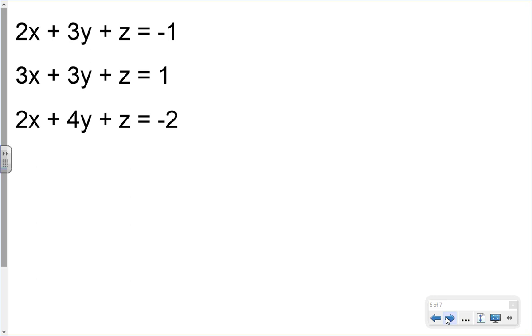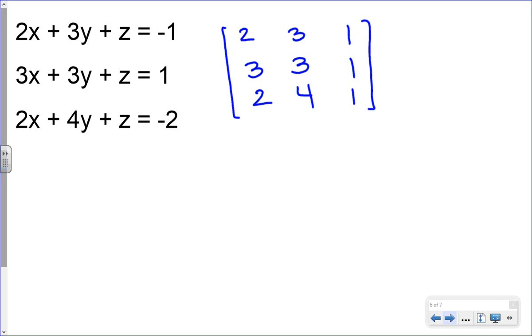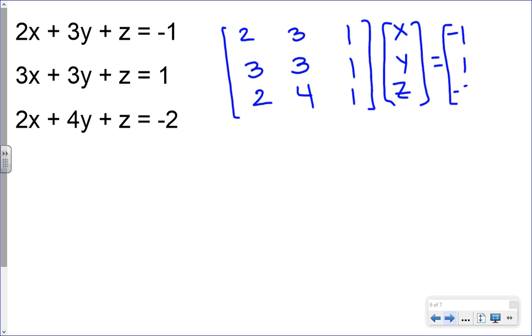So what we would create is a matrix equation. We would have the 3 by 3 matrix of 2, 3, 1, 3, 3, 1, 2, 4, 1. We would multiply by our variable matrix to get our constant matrix, -1, 1, -2.